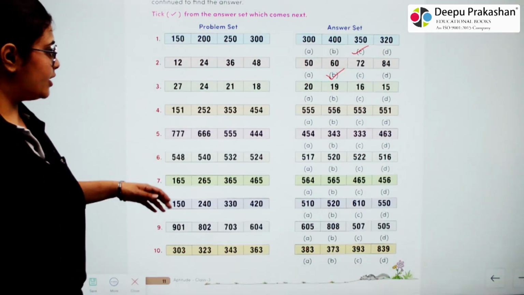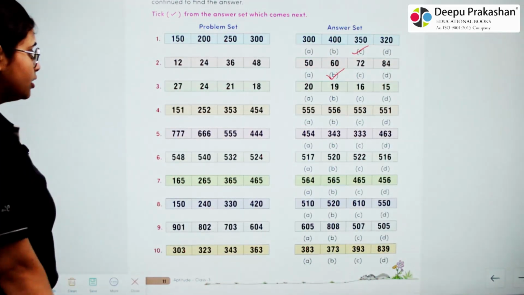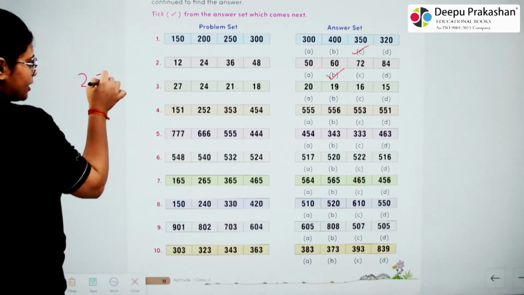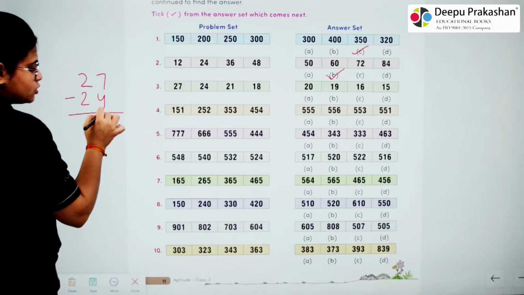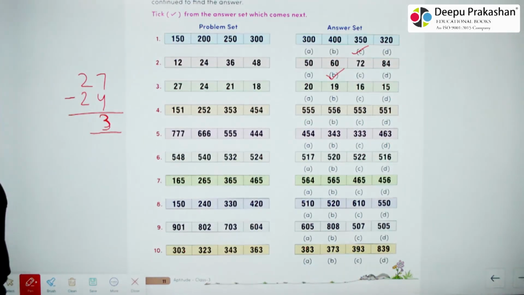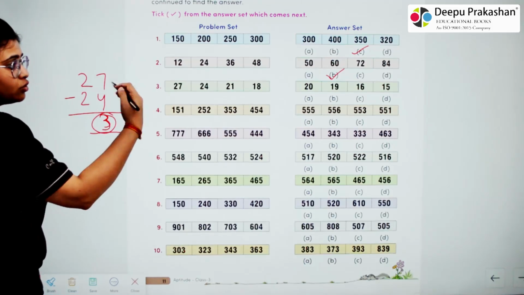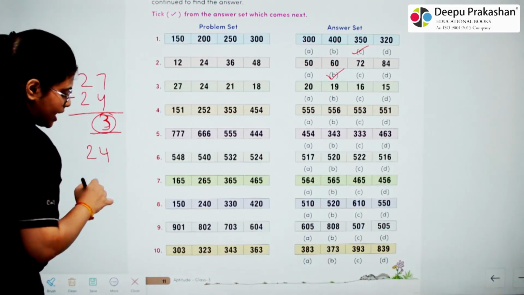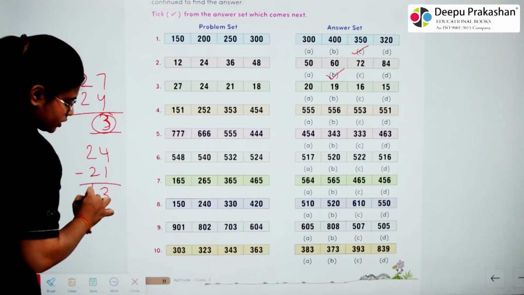Third, we are given 27, 24, 21, 18. If we subtract 27 and 24, the first two numbers, the answer is 3. To check this, if we subtract the second number and the third number, we also get 3.